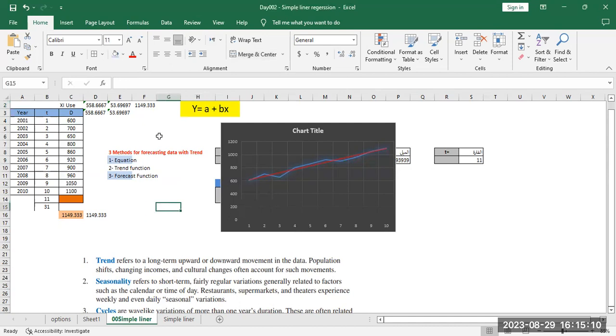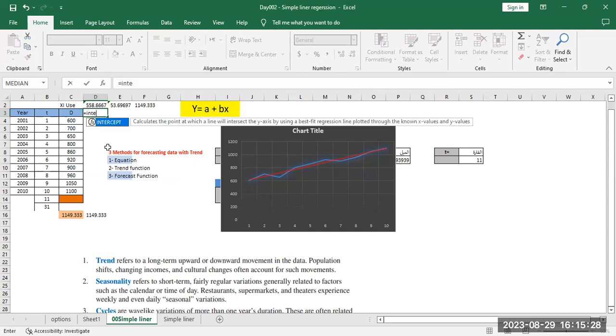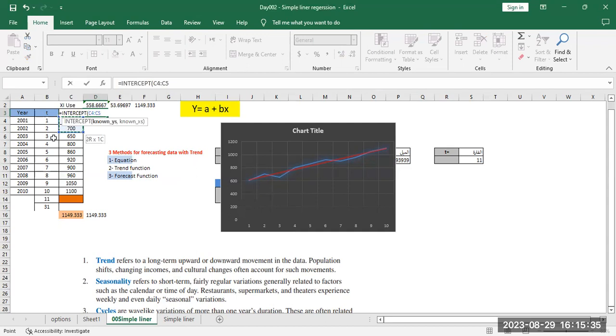Thanks to Excel, there are ready-made functions that can help us get a, which is the intercept, and b, which is the slope. We use the Excel function. Here we want to get a, which is the INTERCEPT function, this one. Known y's are our actual demand during the last periods.